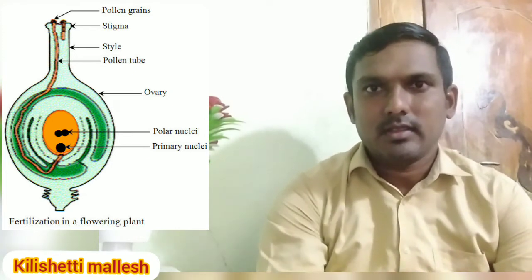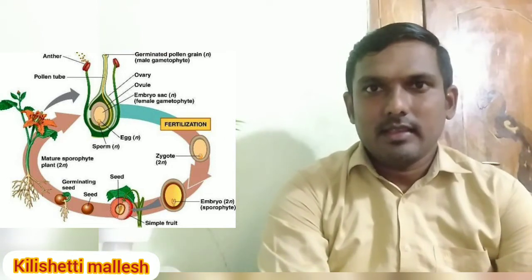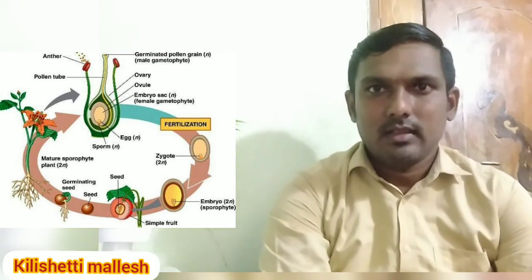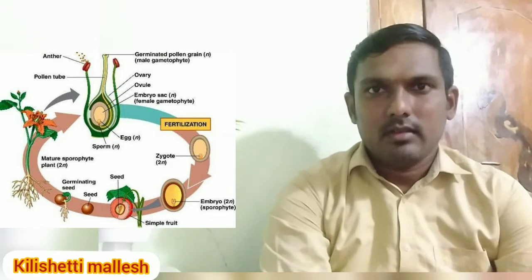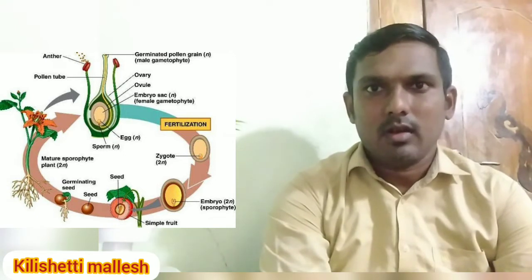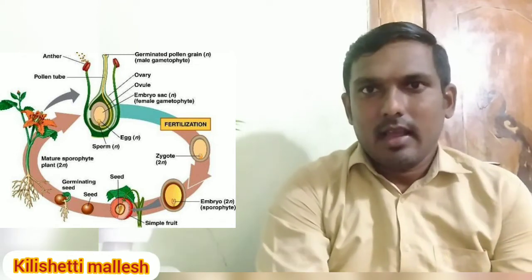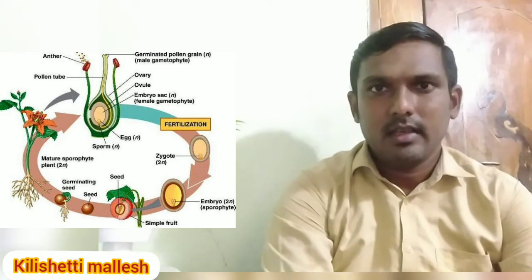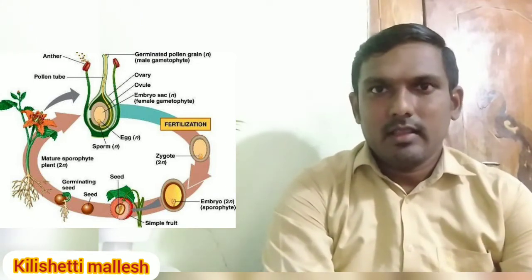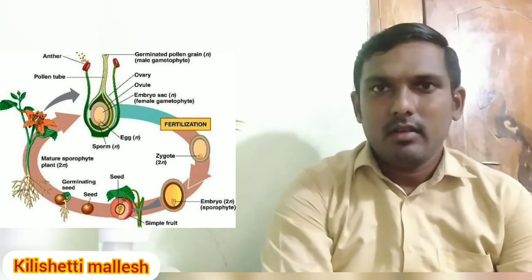Let us revise. In the plant, the flower is the reproductive organ. The flower contains different parts. In lower classes we discussed the calyx and corolla. The calyx contains the sepals, and the corolla contains the petals, the attractive parts. Then there are the androecium and the gynoecium. The male reproductive part is the androecium, and the female reproductive part is the gynoecium. The androecium contains the anther, and the anther contains pollen grains.